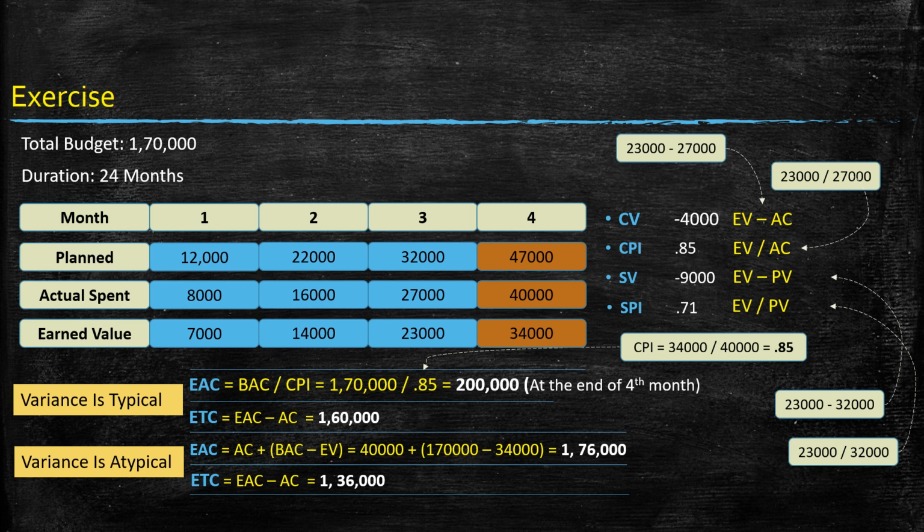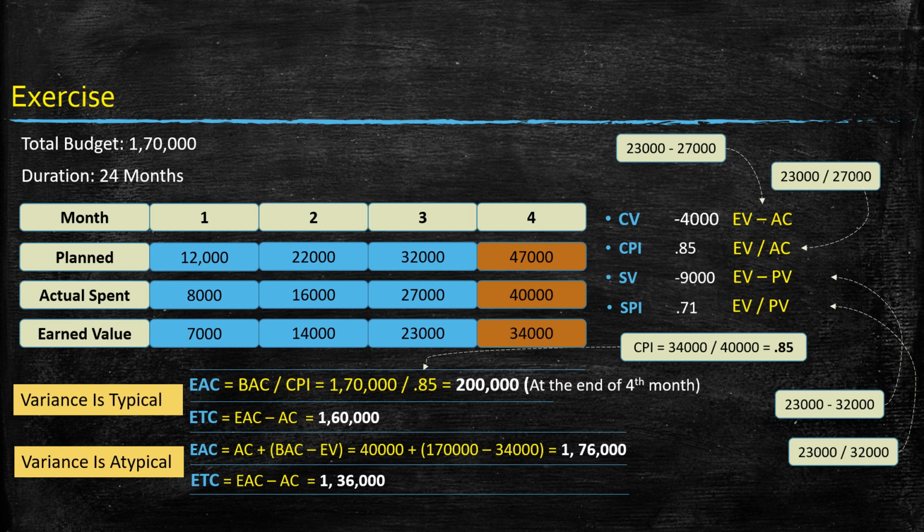You can clearly see that in the earlier example we got $2 lakh, wherein we said that 85% cost efficiency will continue till the last, and here we said that 85% cost efficiency won't impact the project starting from the fifth month. So we are getting a smaller amount of money.